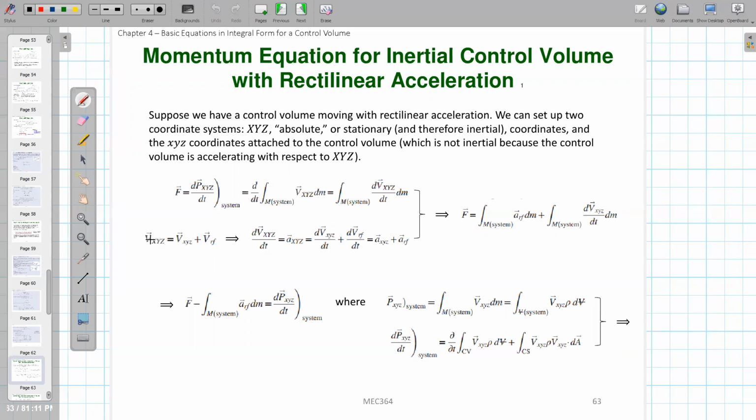And we know this correlation here: the velocity in the moving frame, plus the velocity of the reference frame itself, will be equal to the absolute velocity in the stationary frame.